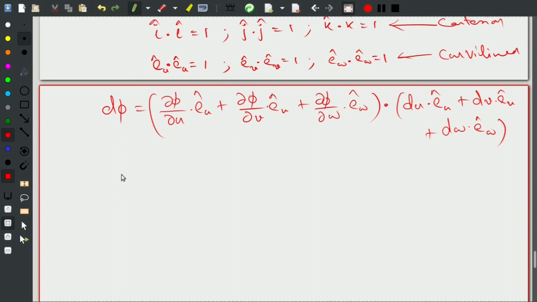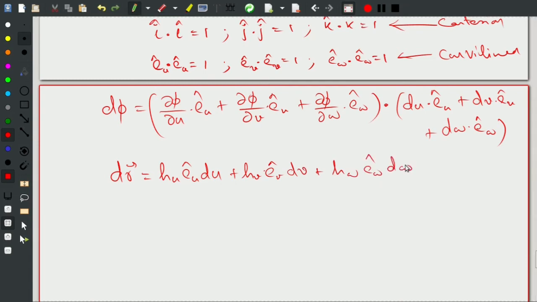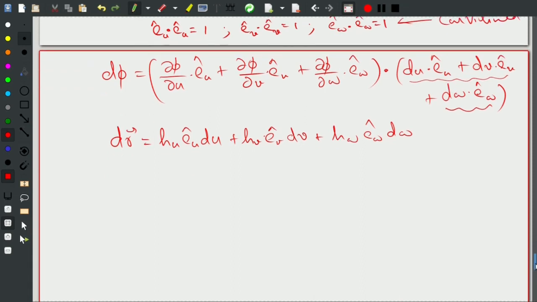We also know that the dr vector is h_u e_u cap du plus h_v e_v cap dv plus h_w e_w cap dw. This is our dr, which we already worked out. So our motivation is to convert this equation to this one, so that we can write this part as dr.